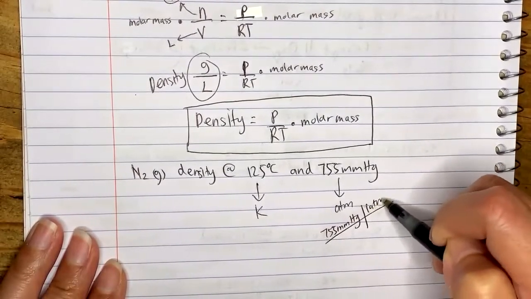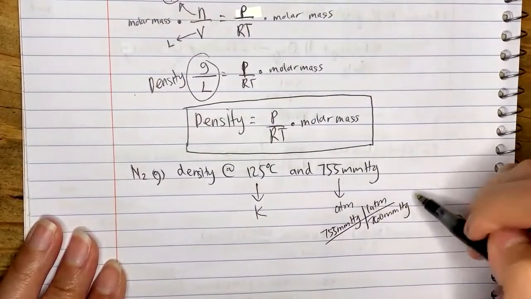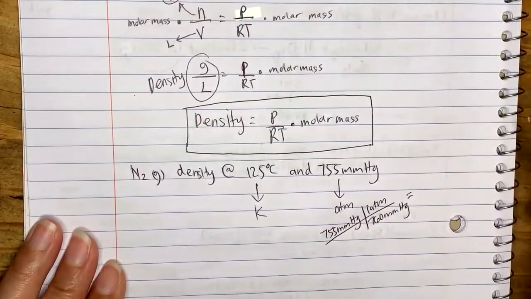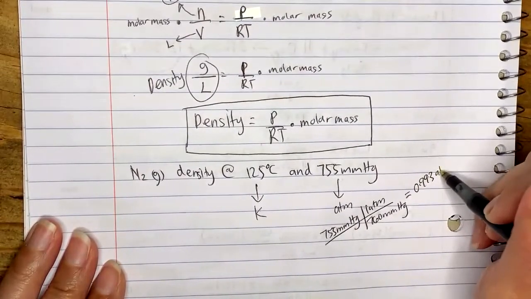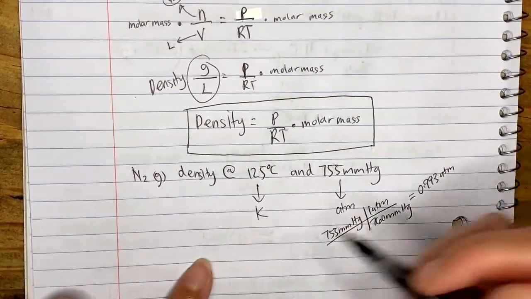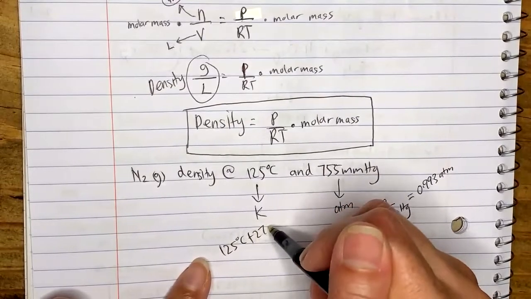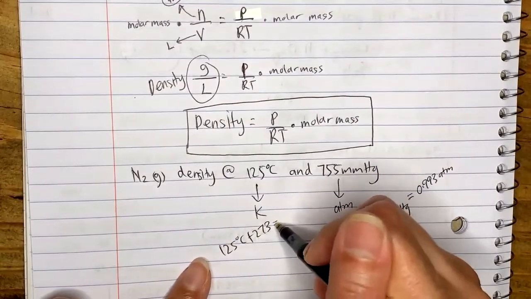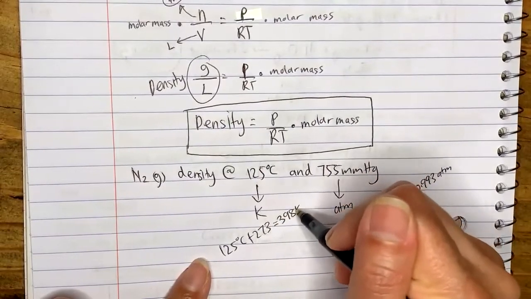One ATM is 760 millimeters, and you get 0.993 ATM. And then we want to turn 125 plus 273, and you get 398 Kelvin.